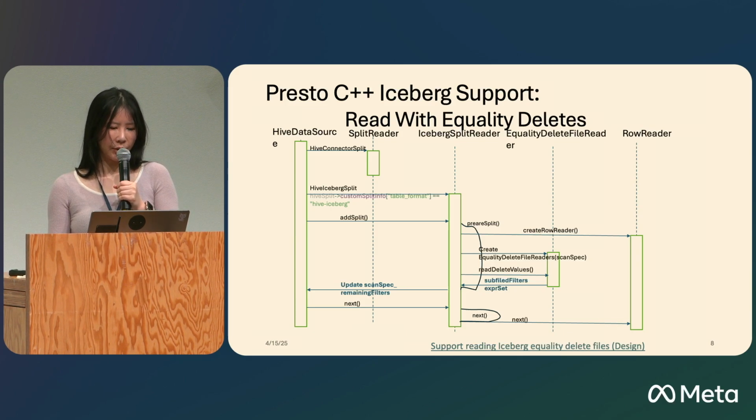Multiple columns are created as a filter function, as a remaining filter that the reader evaluates after the read is done. You can see in this chart we have a new equality delete file reader, which does the read and the interpretation of these values.